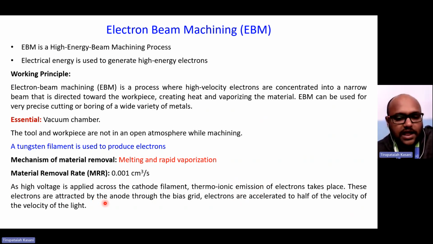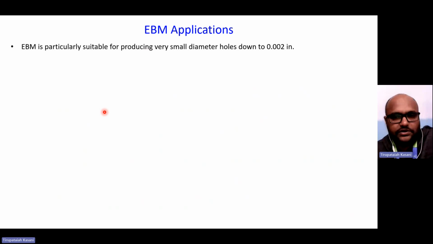These electrons are attracted by the anode through the bias grid. Electrons are accelerated to half of the velocity of light. See, velocity of light is 3 into 10 to the power of 8 meters per second. Half of that, the high velocity electrons are produced.